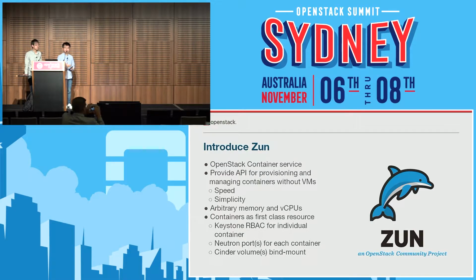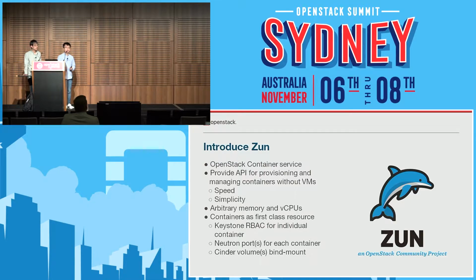So it can deliver containers with speed and simplicity, because it is possible to use a single command to start a container in a few seconds. And we provide an API to allow users to specify arbitrarily the amount of memory separate from the number of CPUs. So you have the flexibility to choose any combination of memory and CPUs.